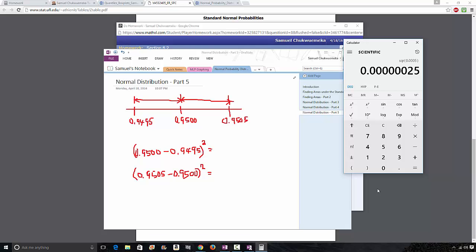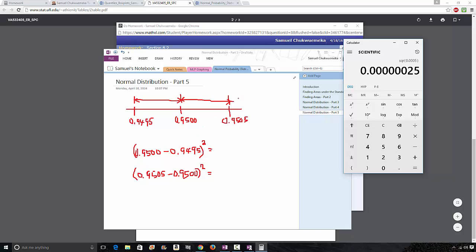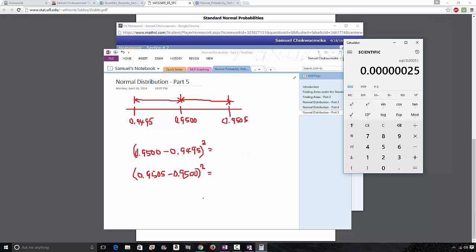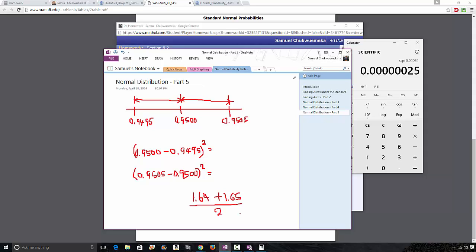Because they are equidistant, it doesn't matter if you now do 1.64 plus 1.65 divided by 2. Now, if they are not equidistant, do not do it.